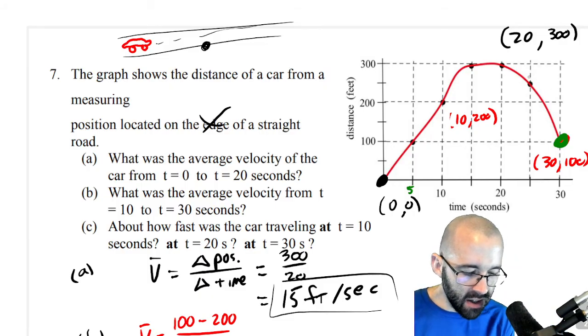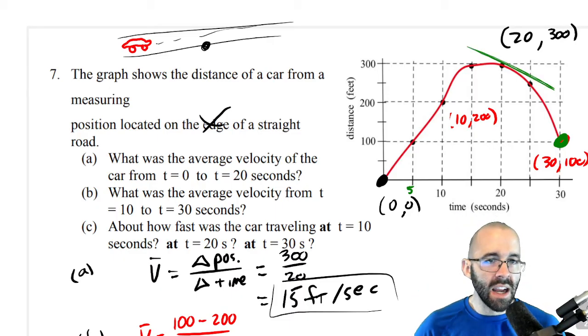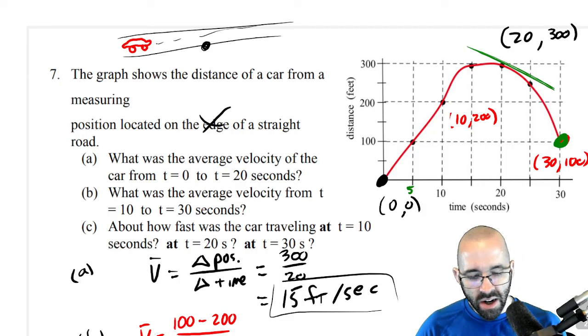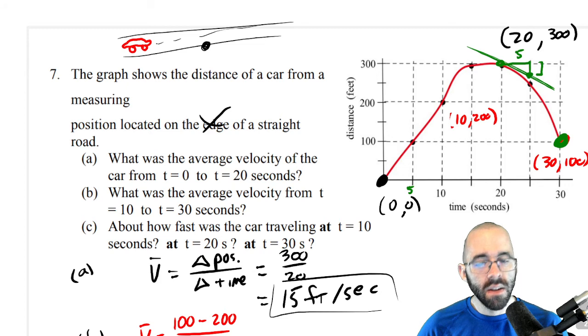I don't know. If I tried to guess, maybe I'd guess this is what our tangent line looks like. And we'll just try to approximate the slope of this. What's the rise over run here? Again, the run is about 5 seconds, and the rise, I don't know, what is this distance, do you think?